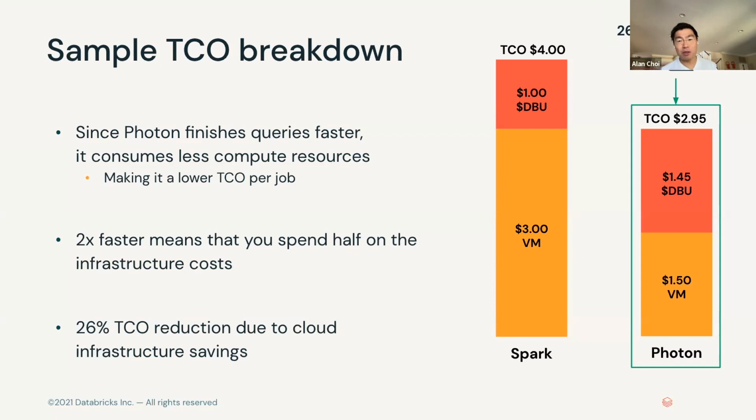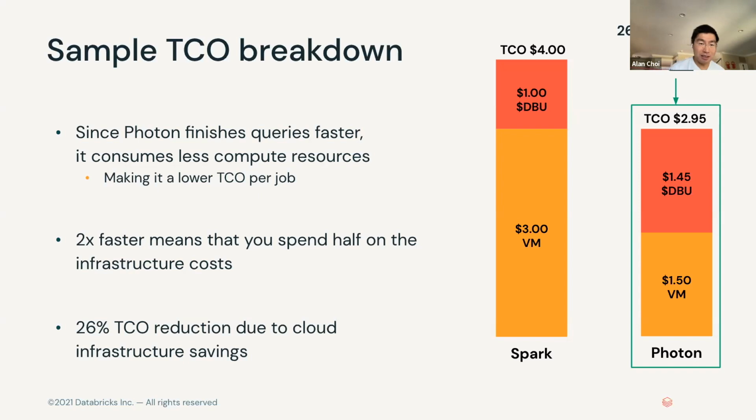But most important, we expect you to be 3 times faster. So we do expect everyone to save money when you move to Photon. In this example, your $4 goes back to $3, you save 26% TCO, primarily because you're saving on the VMs.